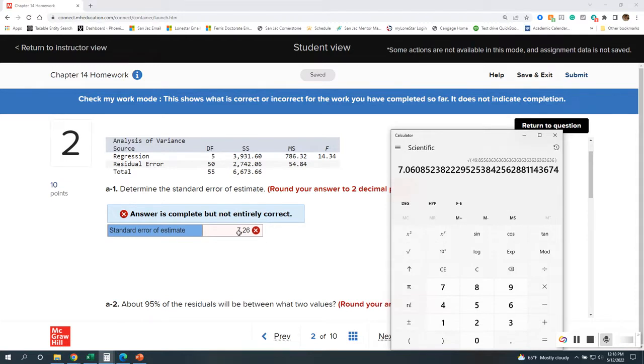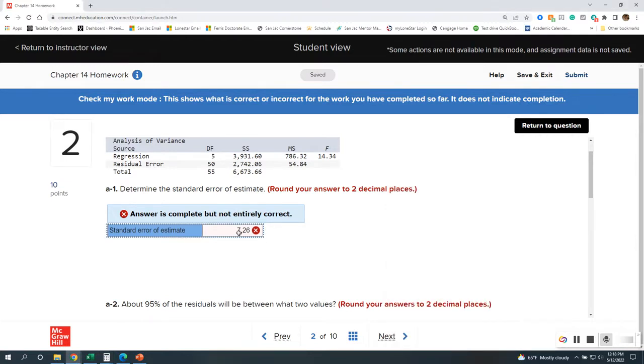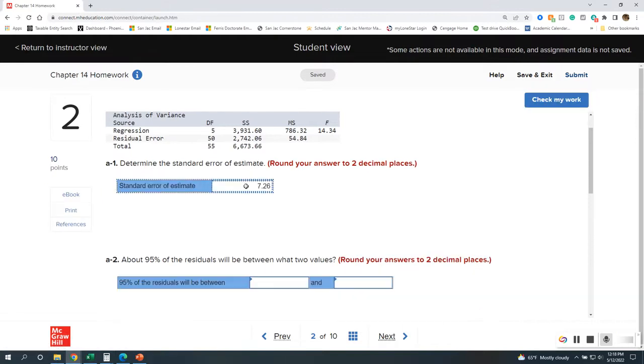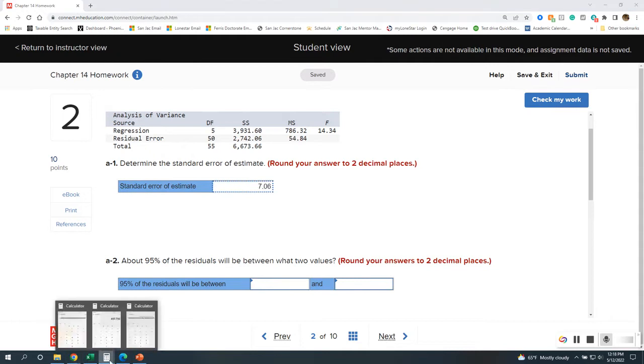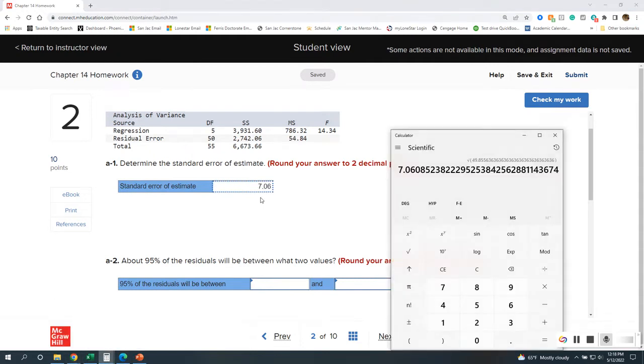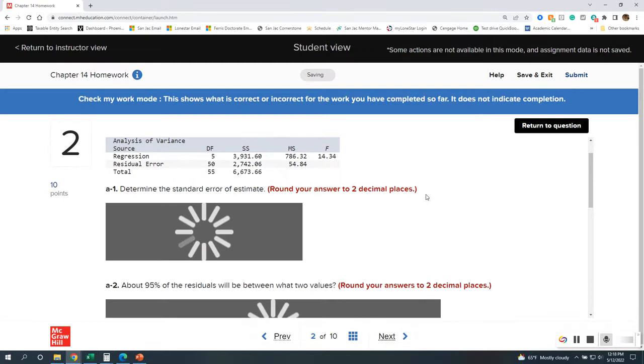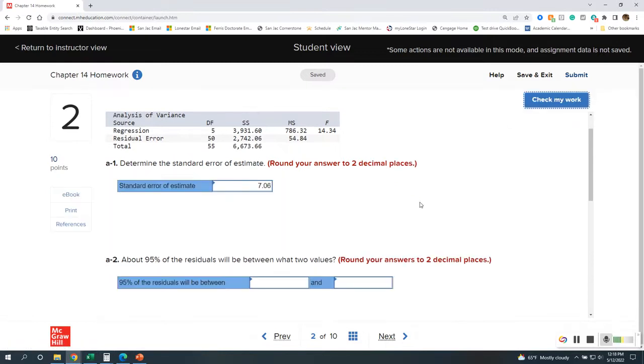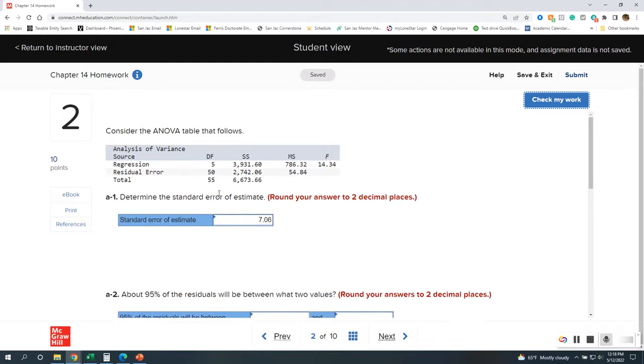And square root. Okay, so we are running into some kind of fun little trouble going on here.